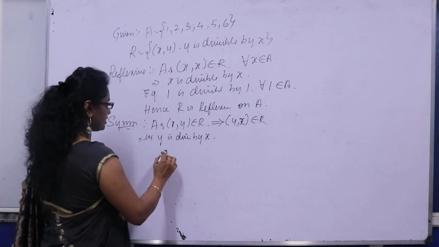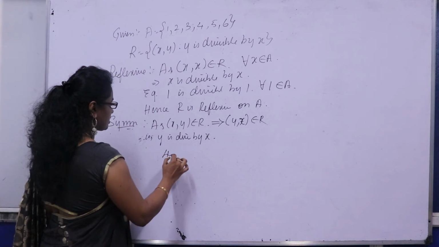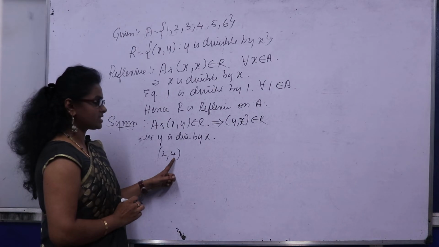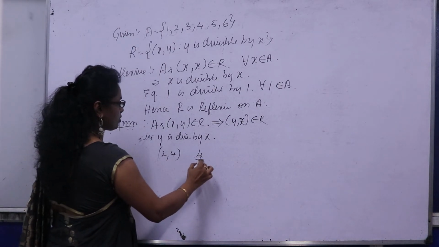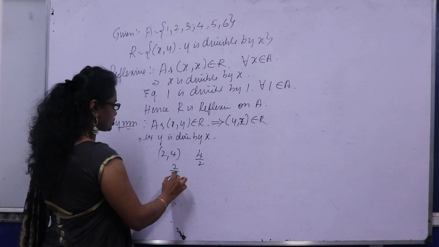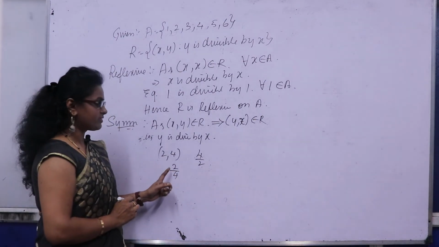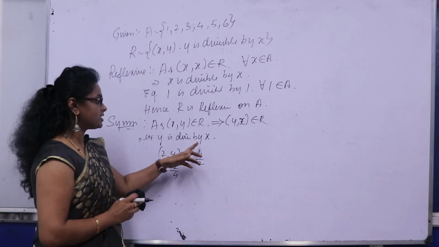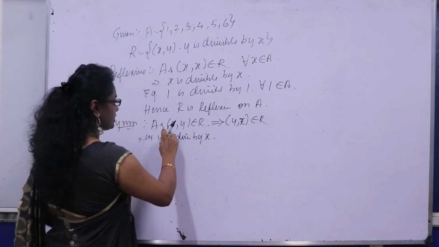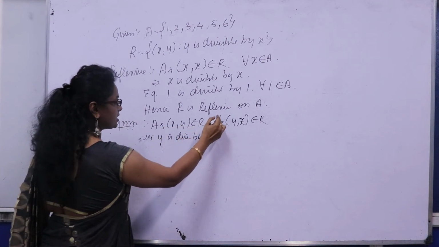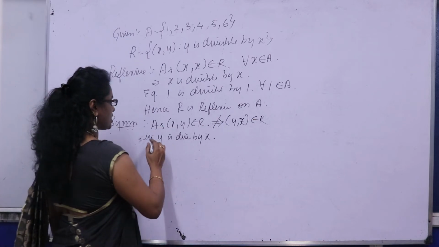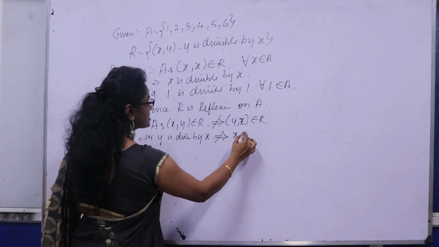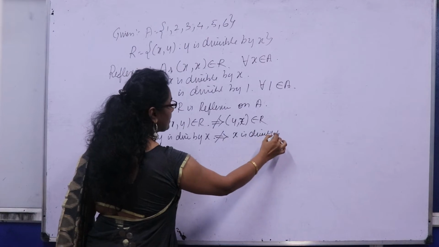For example, here I'll just go with 2 comma 4. What does it say? 4 is divisible by 2. But can I say that 2 is divisible by 4? It's impossible. So that is why this condition is not satisfied. We can say x comma y belongs to R does not imply y comma x belongs to R. That is, y is divisible by x does not imply x is divisible by y.